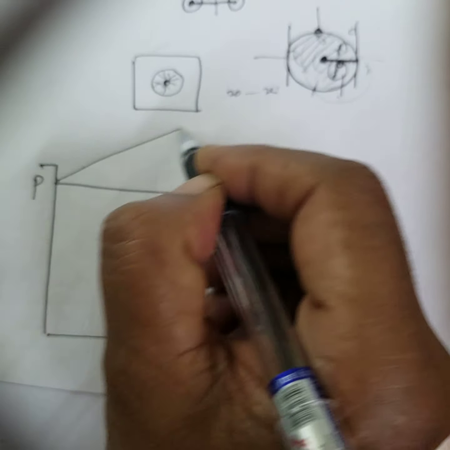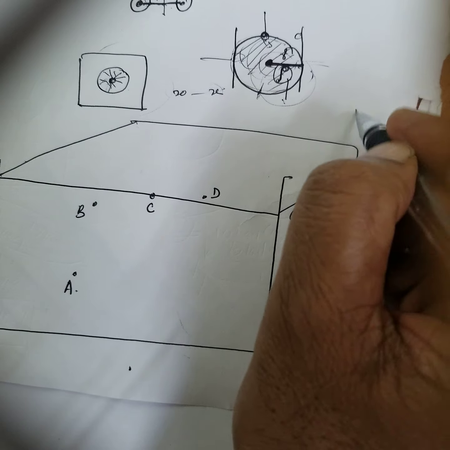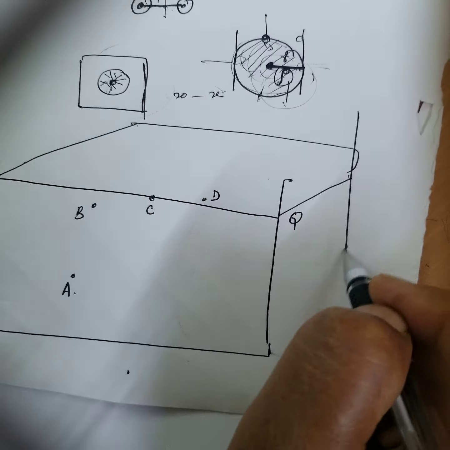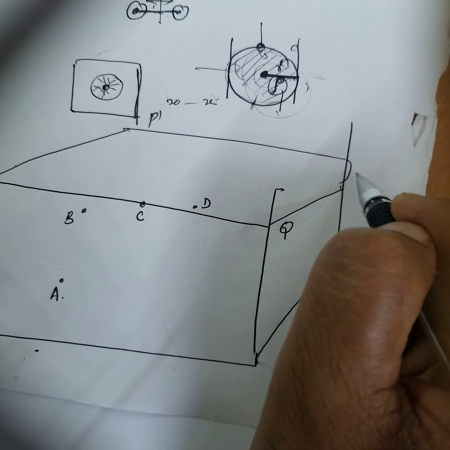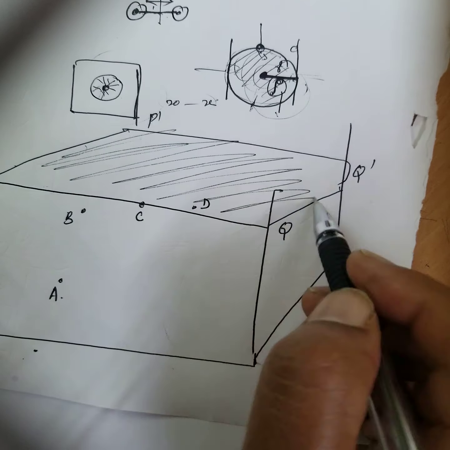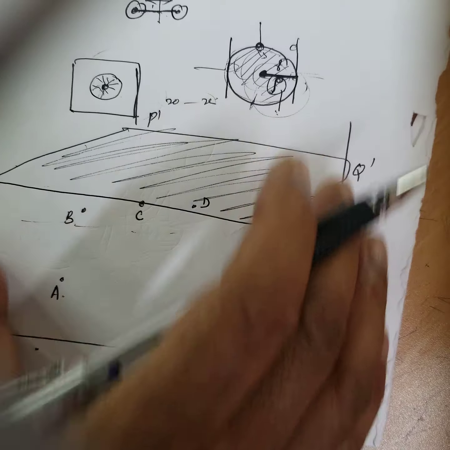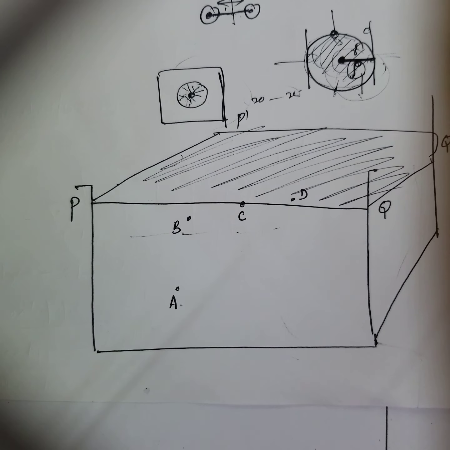And if you want, you can do the three-dimensional diagram. This is a surface P, P dash, Q, Q dash, right? This is surface and water containing a trough and all that. But I am doing only a two-dimension that I will explain you clearly, the molecular theory of surface tension.